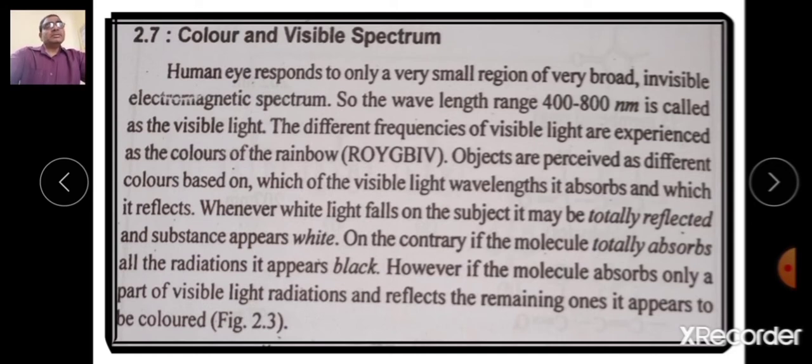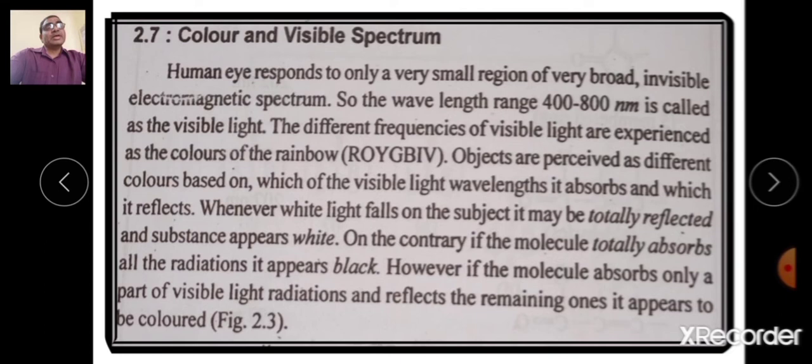Now see how the compound appears colored. When the visible light falls on the compound, there are 3 cases. The first one is when all light falling on the compound is totally reflected, then that compound appears white, because white light falls on the compound and it is totally reflected to our eye.